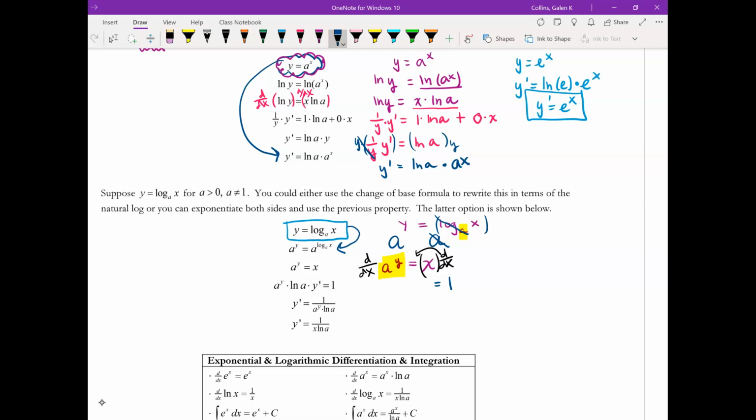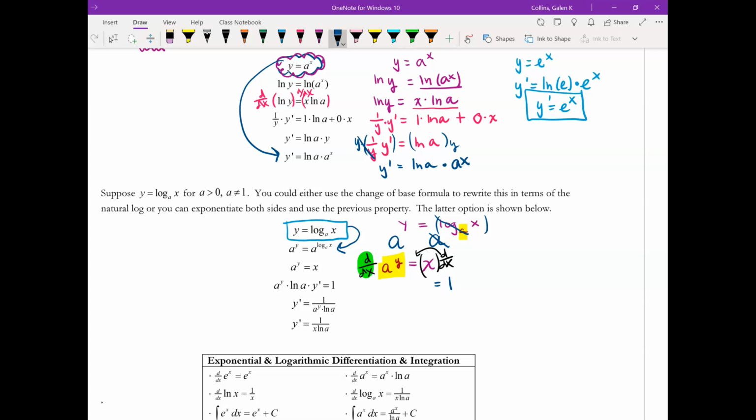But because we're taking that derivative with respect to x, we've got to be careful because this is still implicit differentiation, meaning that when I hit that y, I've got to use the chain rule and multiply by dy dx.